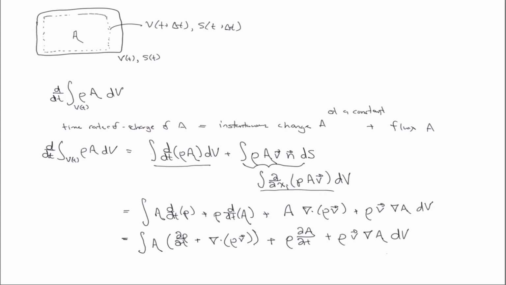Okay, so we've manipulated our equation. What is this? It's conservation of mass, right? And that's equal to 0. What is this?